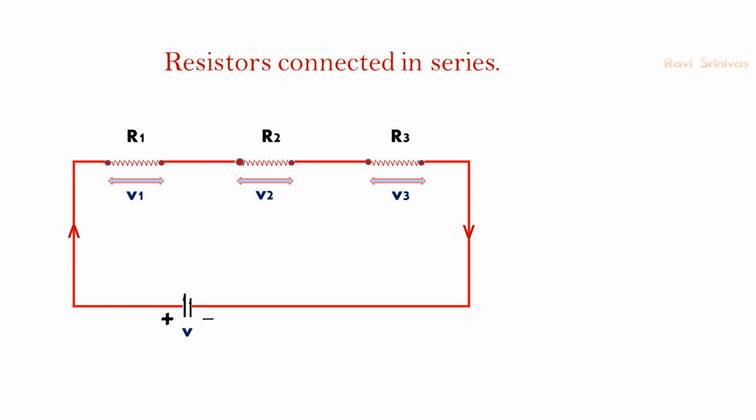We see in the diagram three resistors R1, R2 and R3 connected in series. We can also see the positive and negative terminals of cell providing potential difference of V volts. We also see the direction of current indicated by arrow marks.